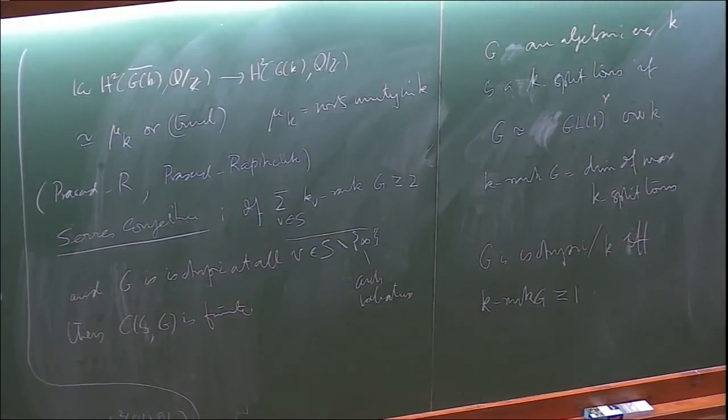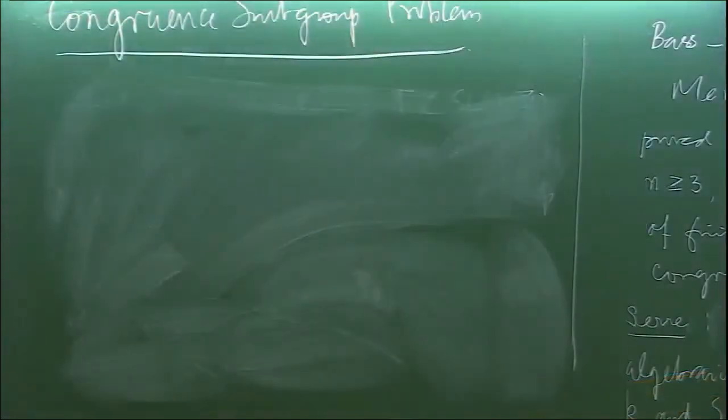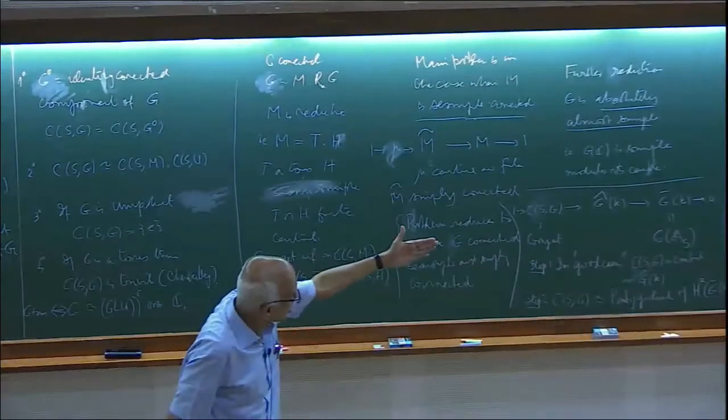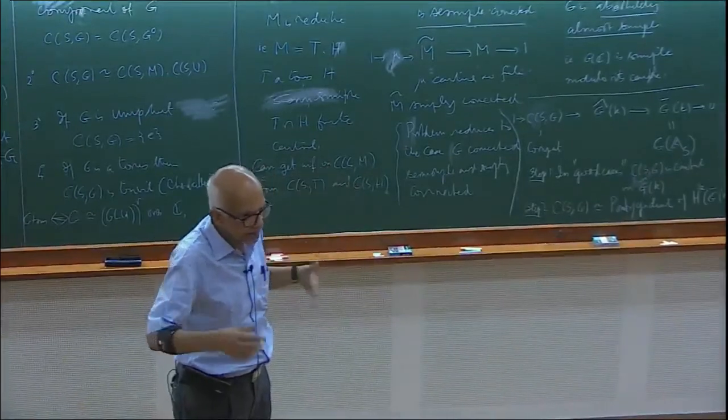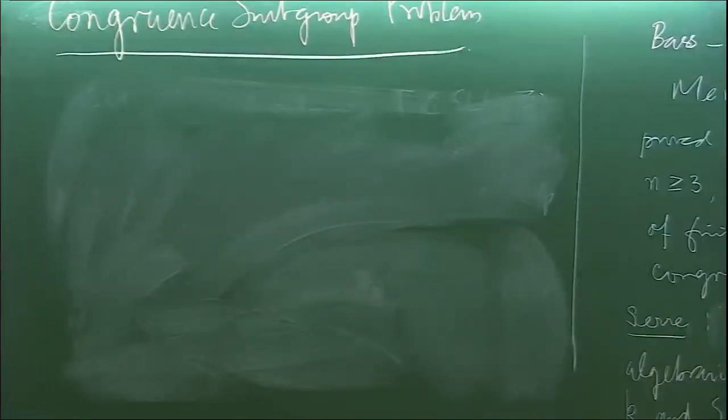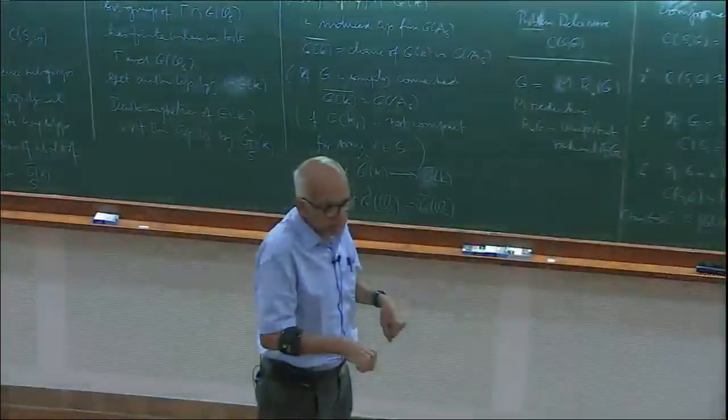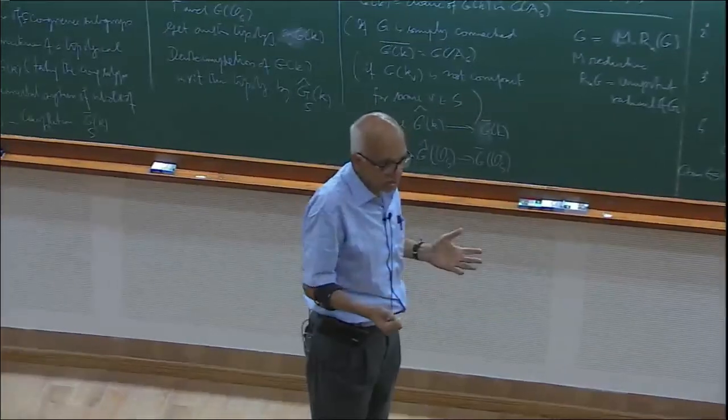You can formulate things without S being a finite set in general, but only in the simple case does it become interesting, because one sees easily that if S is infinite, in the case of unipotent groups or tori, the CSG is unwieldy, it's infinite. It's easy to see what happens there, but it's no longer interesting. So it's only in the case when G is semisimple that even infinite S is interesting.